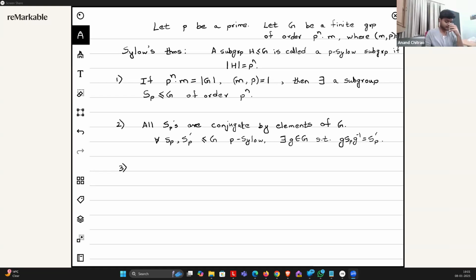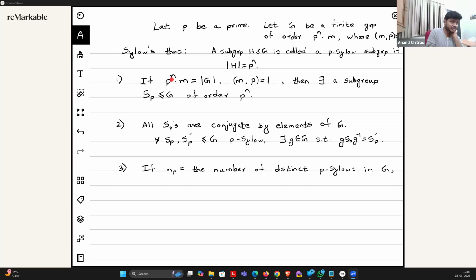Okay. What's the third and the most important Sylow theorem as far as numerical things are concerned? Numerical questions in JAM. It's that if n_p is the number of distinct p-Sylows in a group G. Okay.